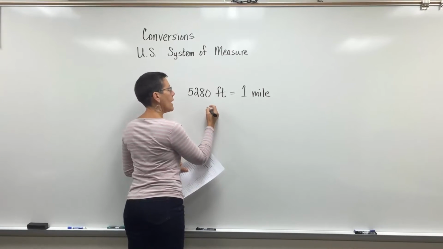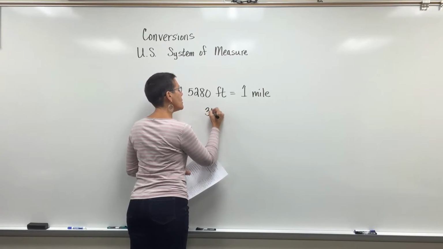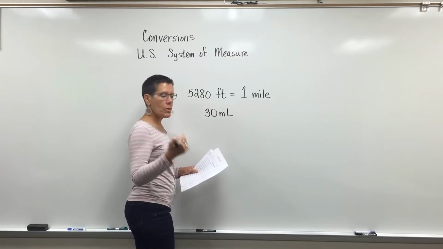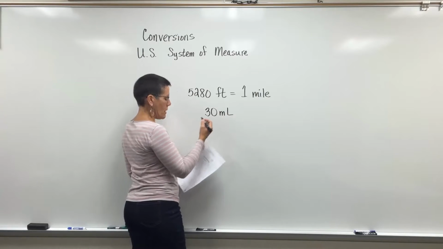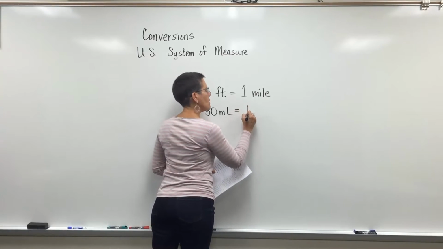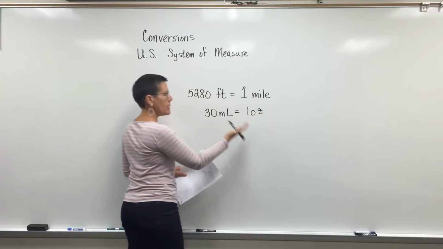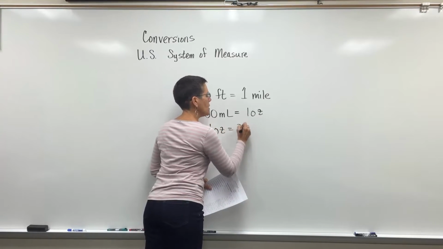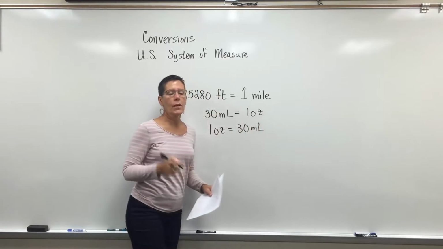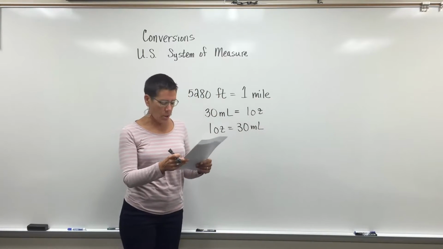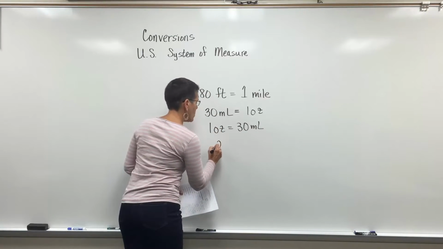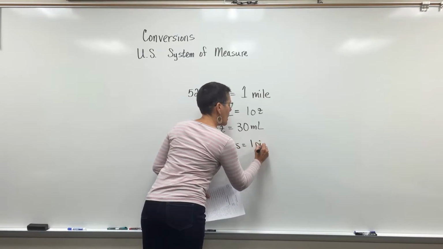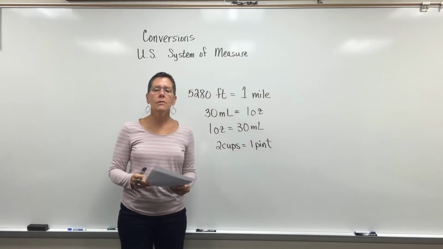Another one that our allied health students need to memorize, now this is in the metric system, and we'll be working more on that in the next video, is that in 1 ounce, there is 30 milliliters. I probably could write that backwards too. That's a truth that you're going to need to know. Other ones, there's 2 cups in 1 pint. So again, common units of conversion.